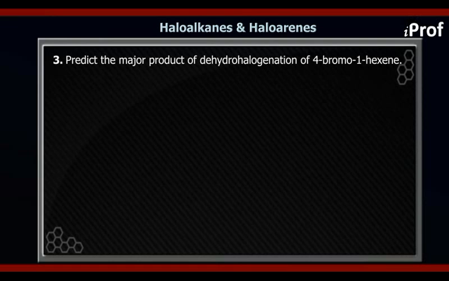But if suppose we carry out E2 mechanism, then there are two possibilities. If you see in this case, on the 4th carbon we have the bromo group. So what will happen if you carry out E2 mechanism is the base will pick up the hydrogen either from the 3rd carbon or from the fifth carbon.